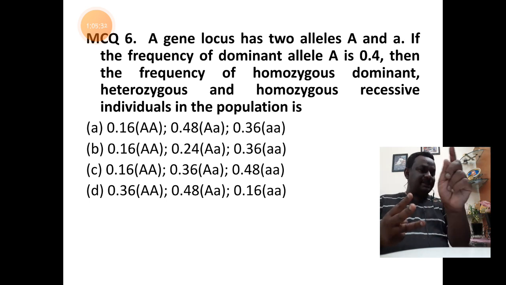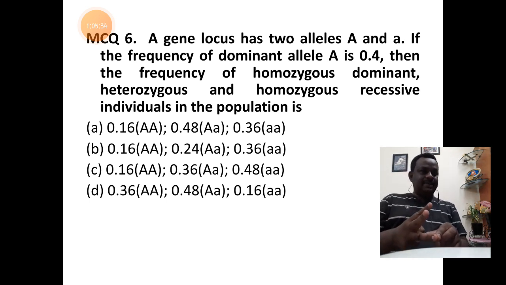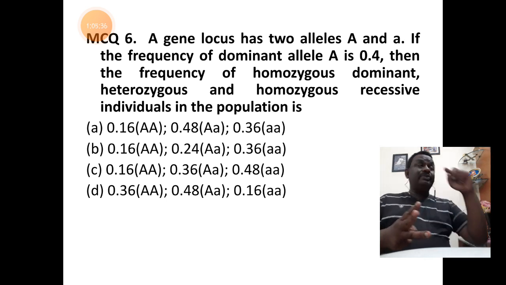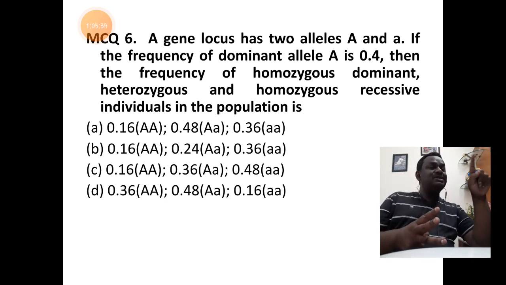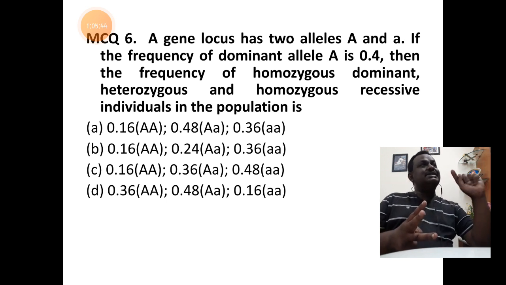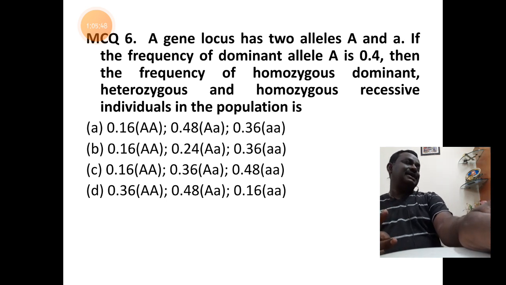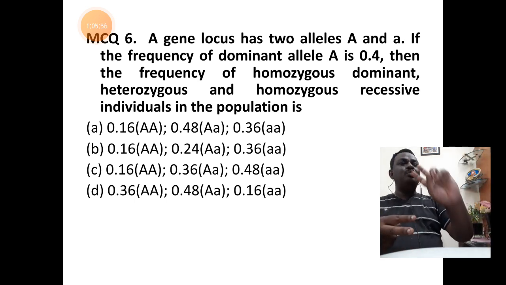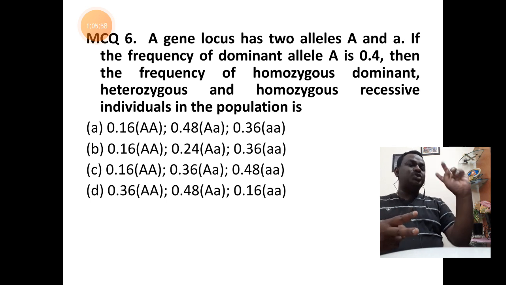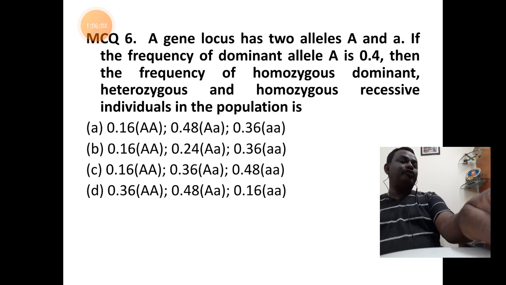A, B, C can be selected as far as the first one is concerned. And we know q is 1 minus 0.4. So that is equal to 0.6. So 0.6 into 0.6 is small a, small a. So 0.36 is the answer. So even C is ruled out. Now A and B are left. Of the A and B, we have 2pq, 2 into p into q, 2 into 0.4 into 0.6, that is 0.48. So answer is A.